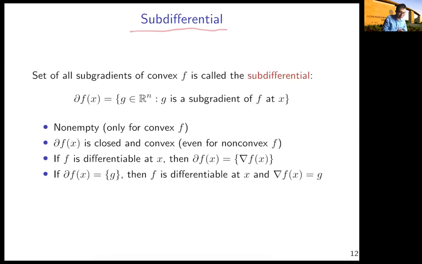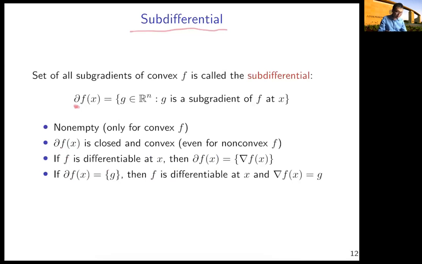We are using this partial notation, just a generalization from calculus, where we use this partial to denote the partial derivative or the gradients. So in this case, the subdifferential of a function f at location x is a set of all subgradients that apply at location x. Notice that the subgradient is one such vector that satisfies the definition of the subgradient condition, and the subdifferential is a set of all subgradients at those locations.